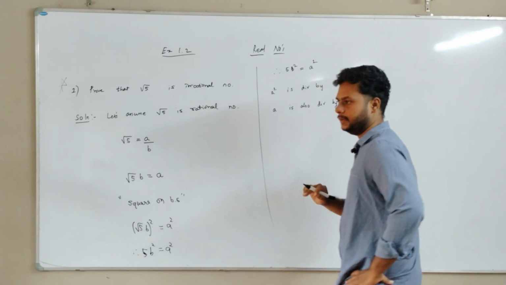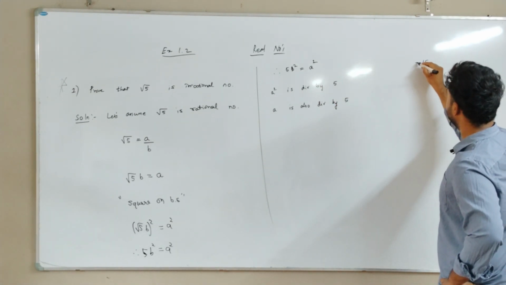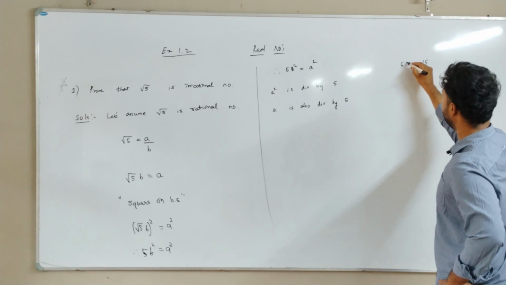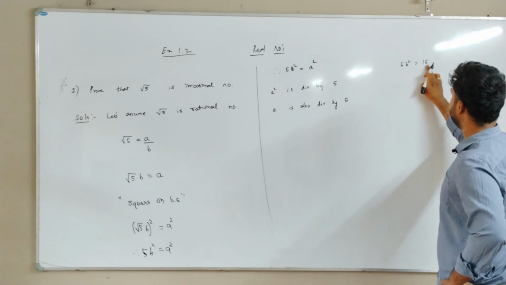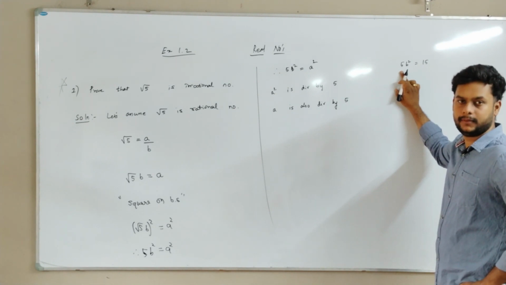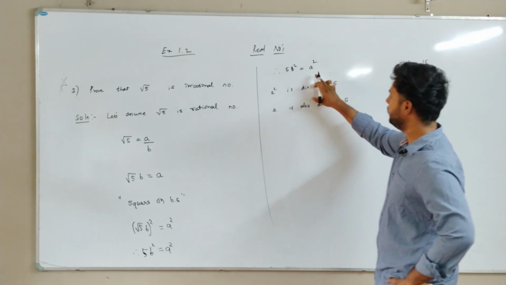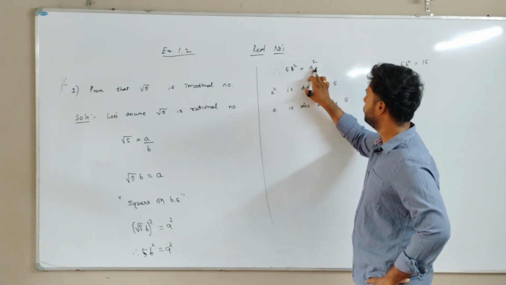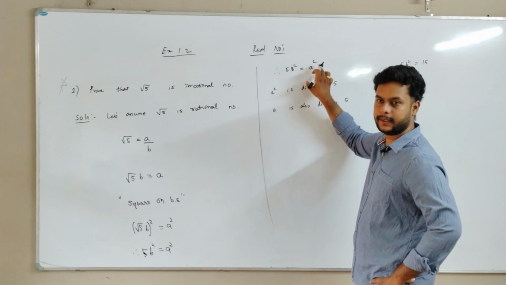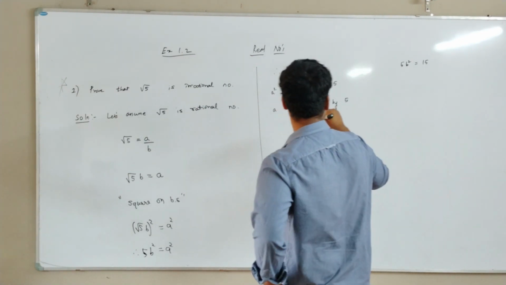Meaning, think that 15 is equal to 5 b square, like this it is there. So this 15 is divisible by 5 or no? Yes, correct or no? It is in that form. Think like that. So whenever the question is in this format, a square is divisible by 5, and if I take this a also, then also it is divisible by 5. One more example, a better example.